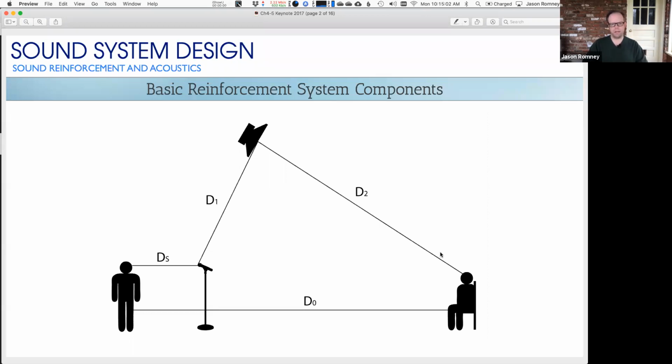So far, you've probably all had some experience with this kind of sound reinforcement system, where you have a talker, a listener, a microphone, and a loudspeaker. You turn that system on, and maybe you've got a little fader on the mixing console. The person starts talking into the microphone, and you push that fader up, trying to get it as loud as you can because we get paid in gain.